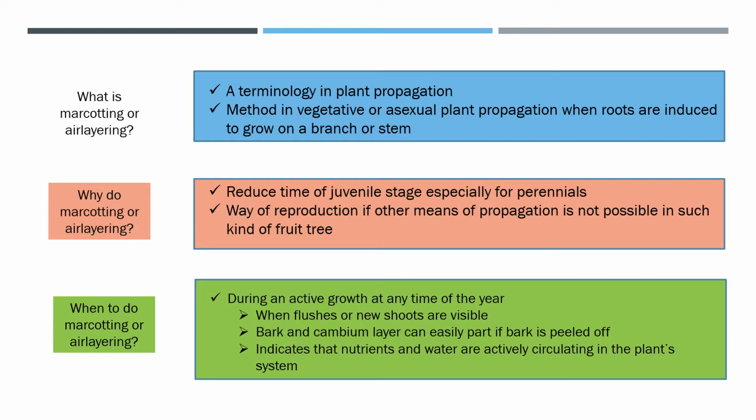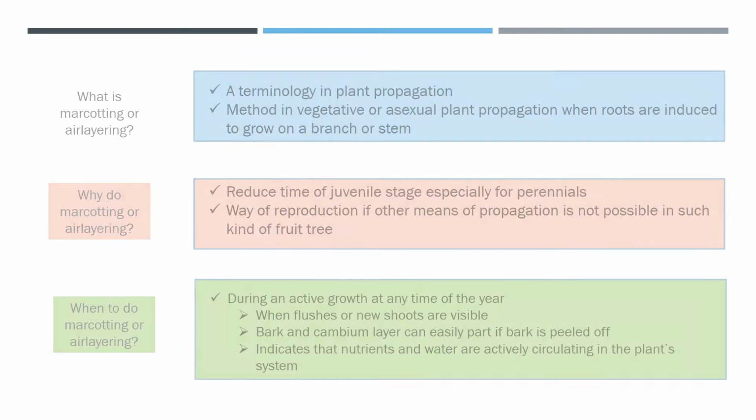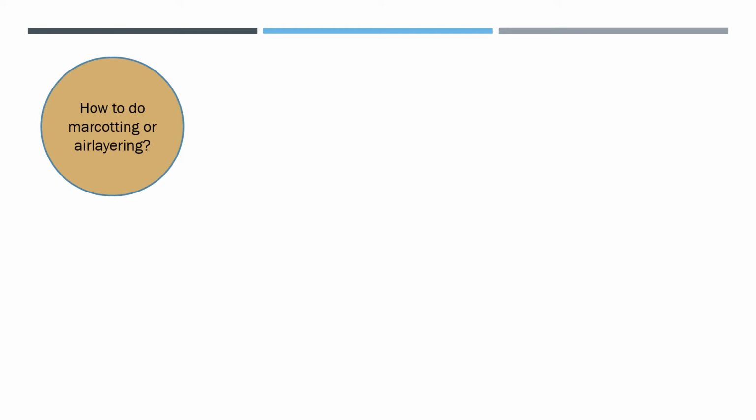Even during summer, if you have enough irrigation and your fruit trees are well irrigated, then they are actually actively growing. Then there is the question of how to do marcotting or air layering.